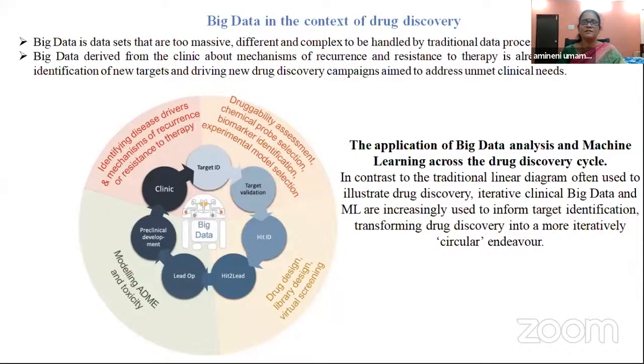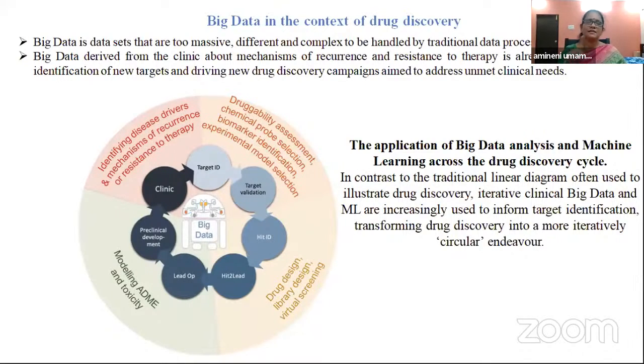The previous one, traditional drug discovery, is a linear process, and this is a cyclic process. Why is this cyclic process required? Suppose you are taking some cancer drugs; after 1 year or 1.5 years, you will get resistance to that particular drug molecule. So we need to identify novel molecules.